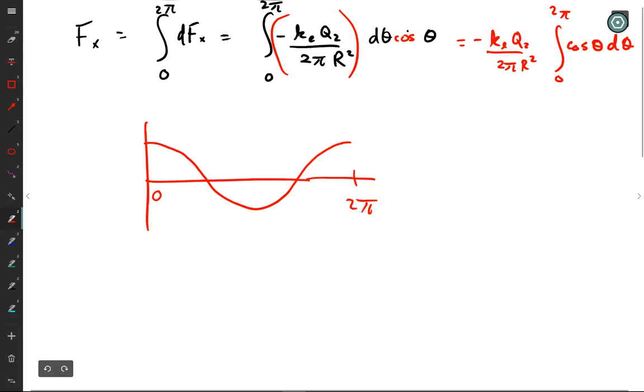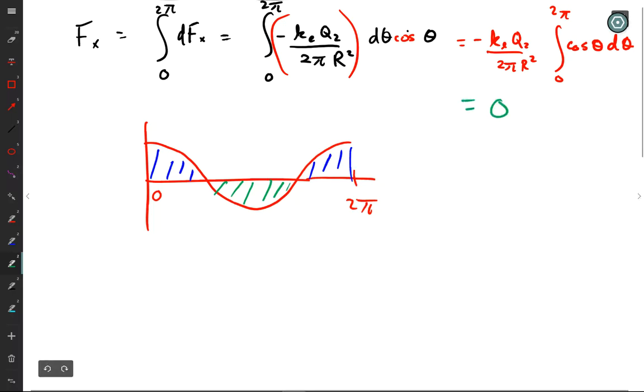What does it mean to do the integral? You find the area under the curve. So we're adding up, that's positive, and this is negative. What am I going to get when I add those all up? 0.